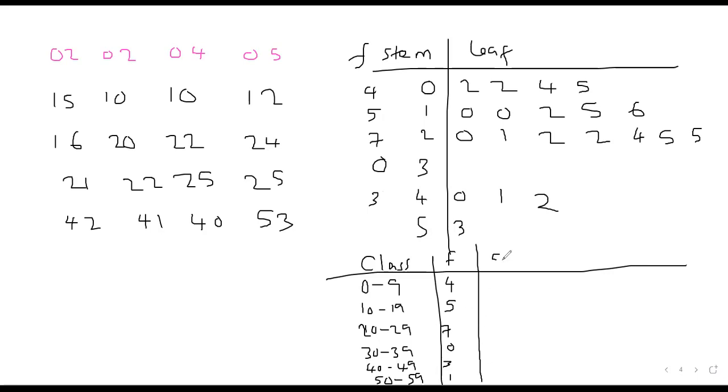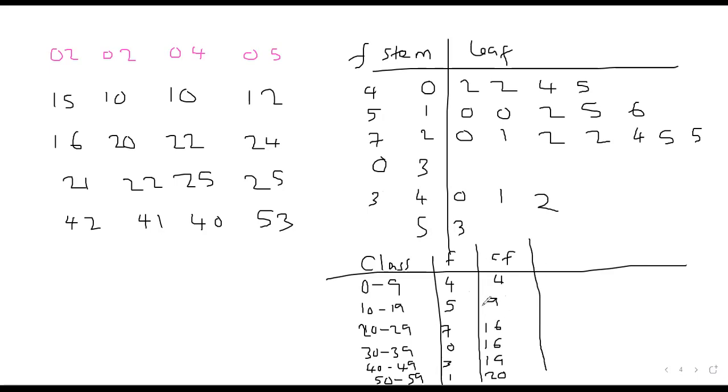Then I also taught you how to come up with a cumulative frequency. So you bring the 4 here. 4 plus 5 is 9. 9 plus 7, 16. 16 plus 0, 16. 16 plus 3, 19. And 19 plus 1 is 20.